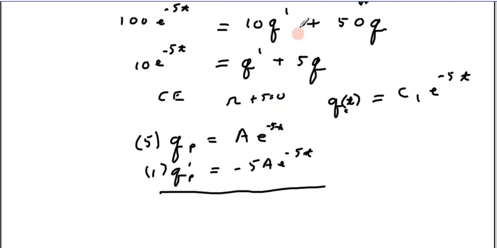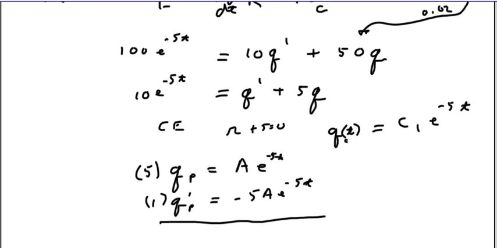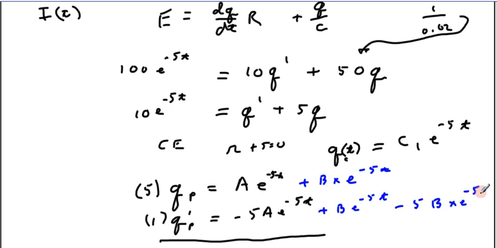Oh, yeah, we forgot something already. What did we forget? Well, the homogeneous solution has e to the minus 5t in it, and so does the particular solution. Therefore, we need a plus bt e to the minus 5t, and we need a plus b e to the minus 5t, and a minus 5bt e to the minus 5t.